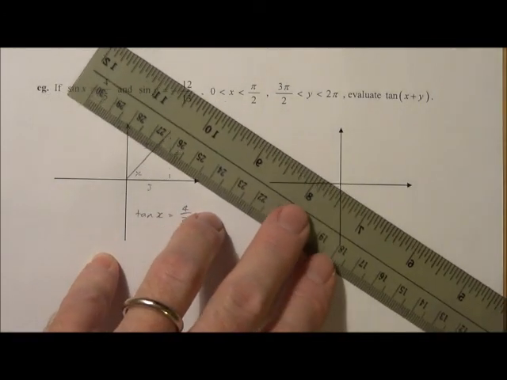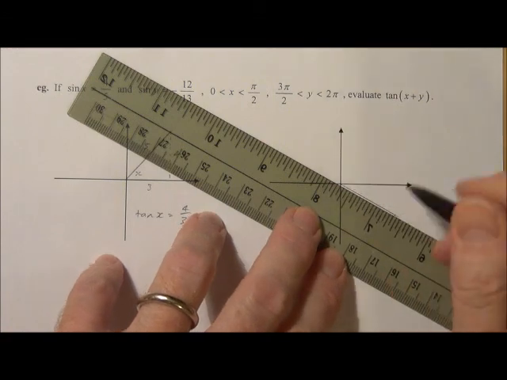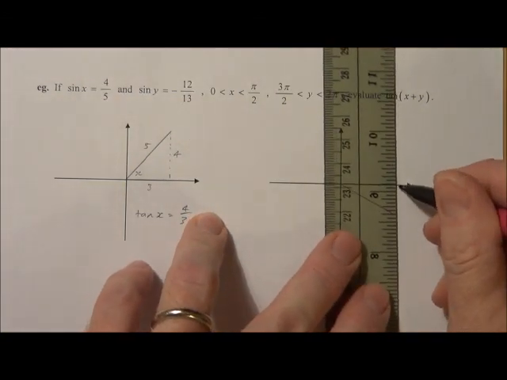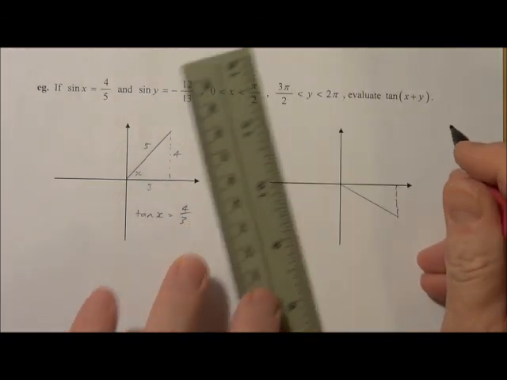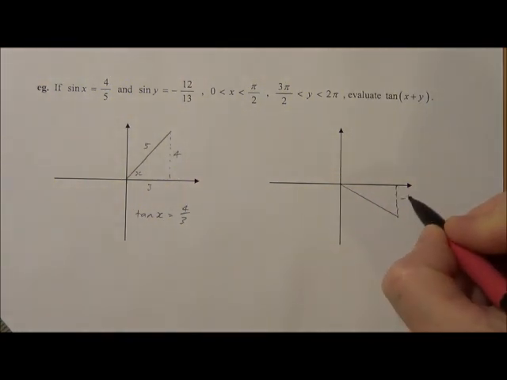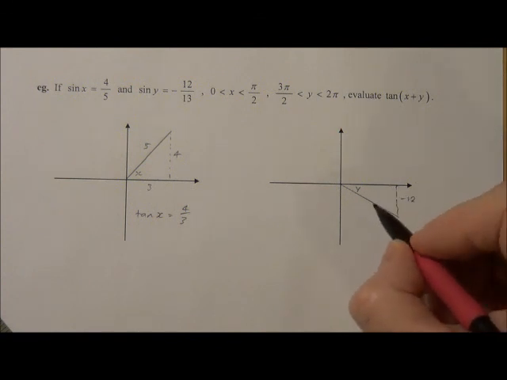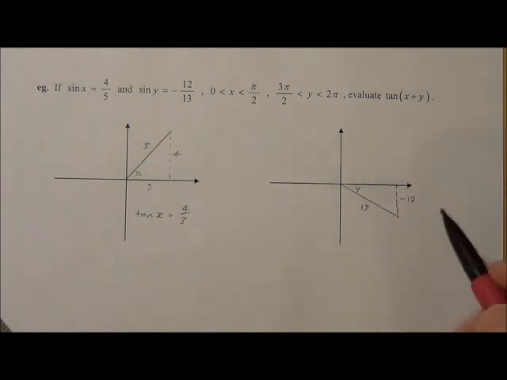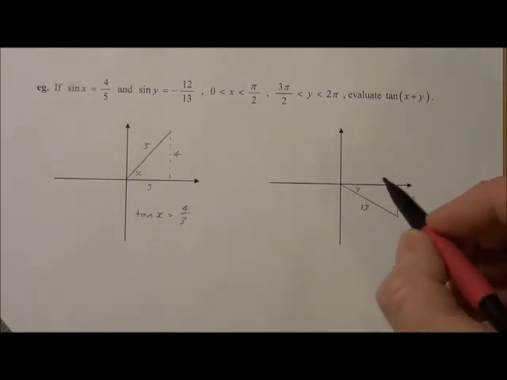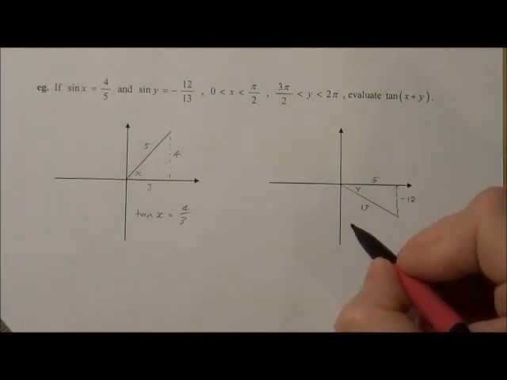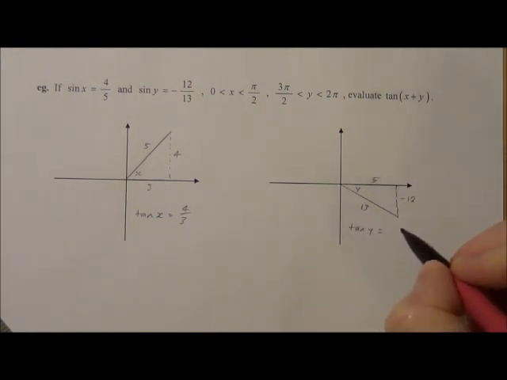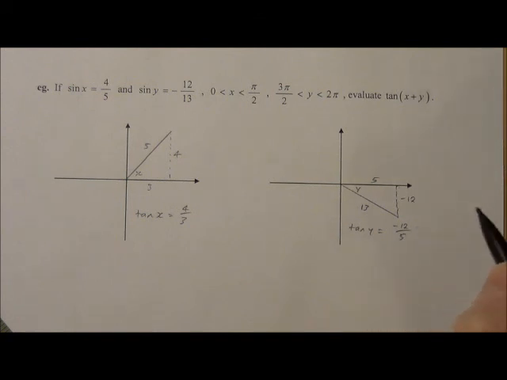Exactly in the fourth quadrant, something like this. I haven't really drawn it all that well. This is y here, opposite over hypotenuse. Again, a classic triangle, the 5, 12, 13 triangle. So the tan of y is negative 12 over 5.